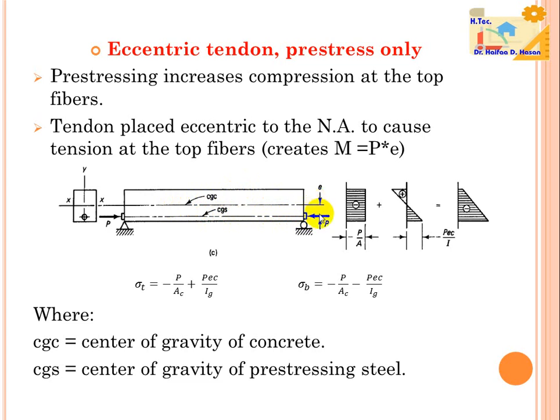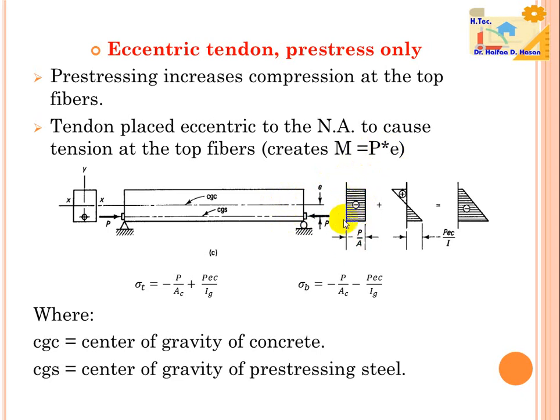The distance between the two lines equals E, and transferring the prestressing force to the center line of concrete forms a moment equal to P multiplied by E.